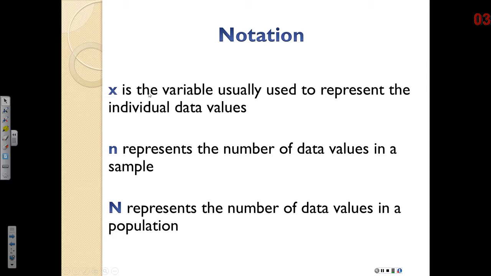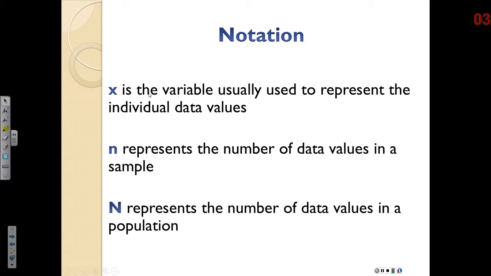This is your next symbol, because last class we learned the symbol for frequency. So symbol number 2 is lowercase n, your sample size. Capital N is your population size.